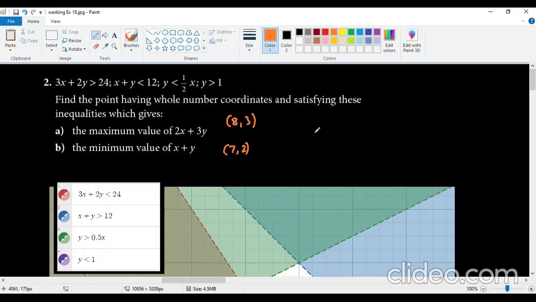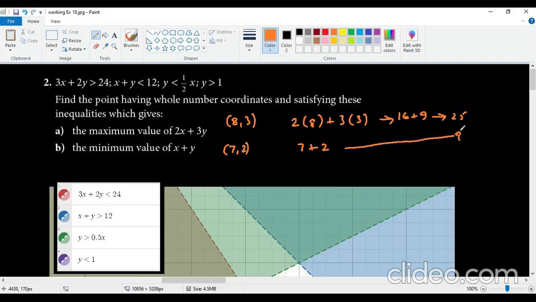Now, when it comes to substituting the values, for the maximum it is 2 times 8 plus 3 times 3, and for the minimum, x plus y, that means 7 plus 2. So this is going to give us 8 times 2 is 16. 16 plus 9 is going to give us 25, and 7 plus 2 is going to give us 9, which is the required answer.